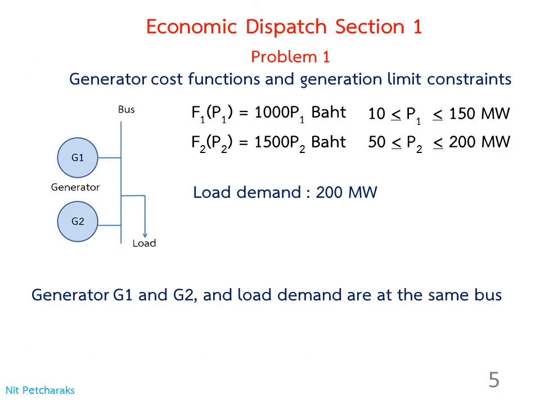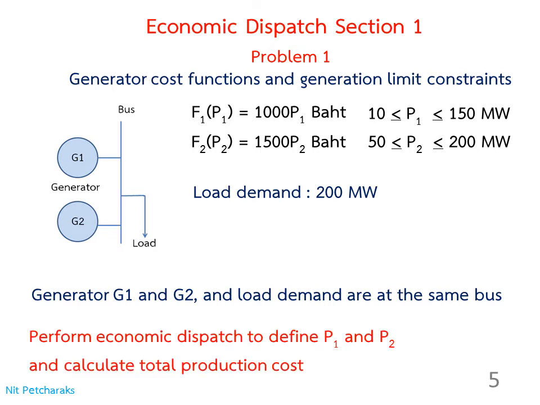Now examine another problem. These two generators supply power for load demand 200 megawatt at the same bus. G1 cost function is 1,000 baht per megawatt hour, whereas that of G2 is 1,500 baht per megawatt hour.